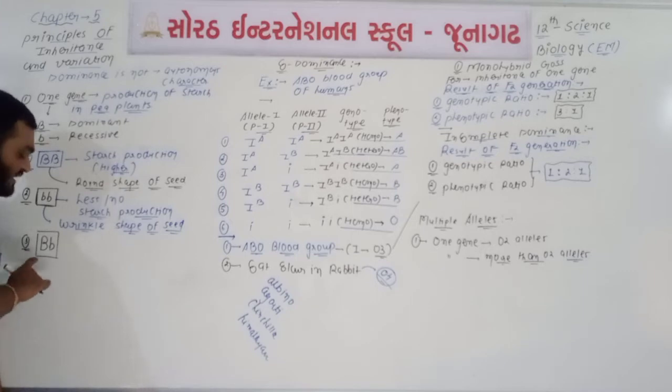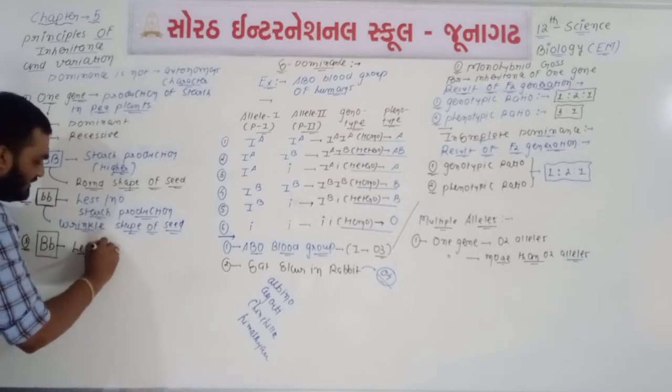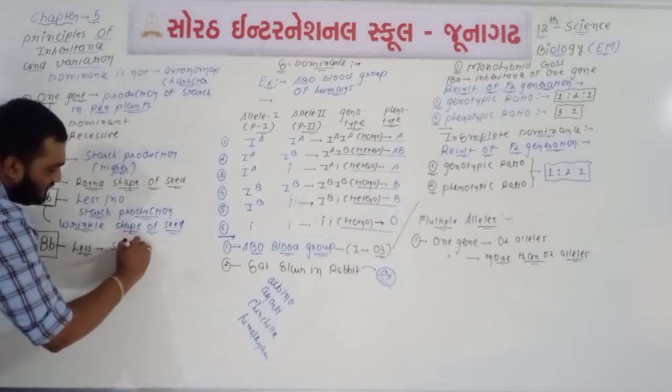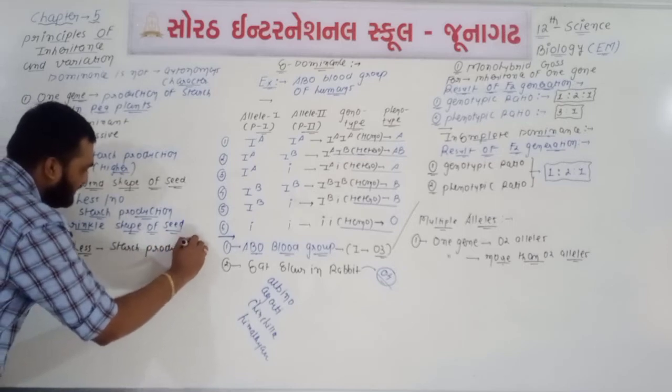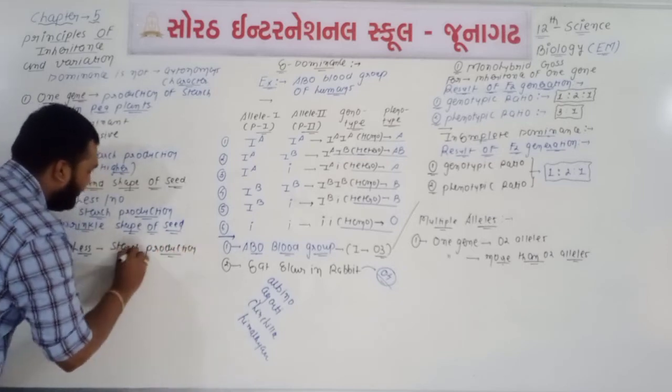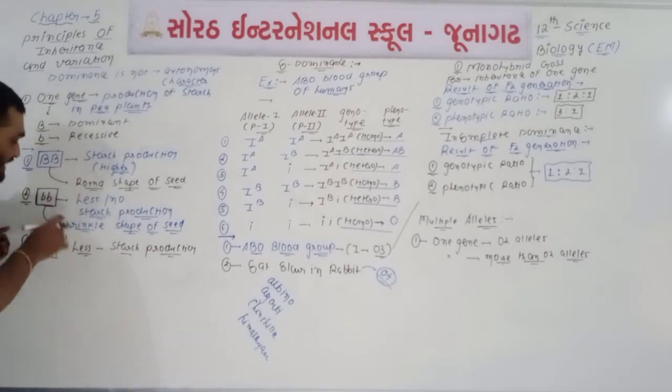Here we can say that less starch production is found compared to capital B, and compared to small b, higher starch production is found.